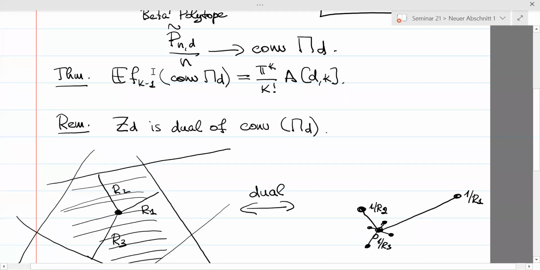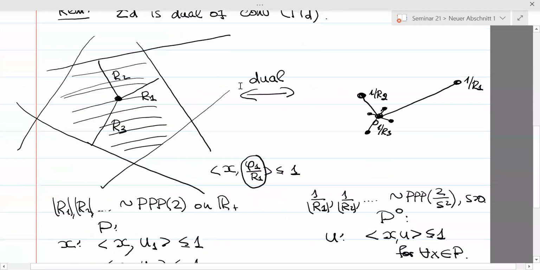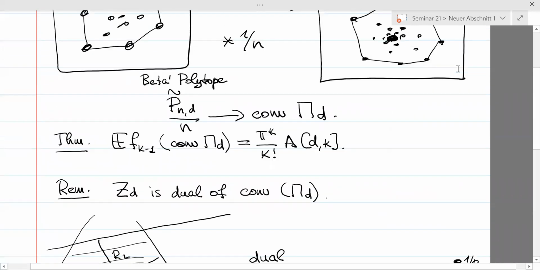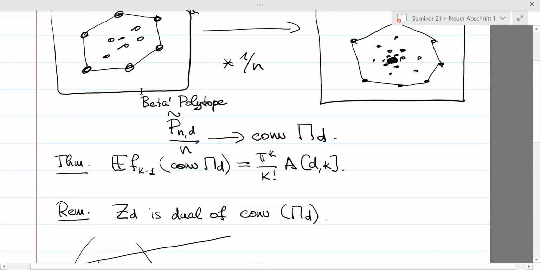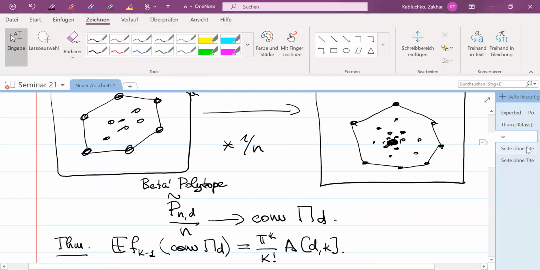It's more convenient. Now, to prove this theorem, we have to define the so-called beta distribution. We have to generalize the concept of the Cauchy distribution which appeared here. Let me do this. We have to define beta distributions first.